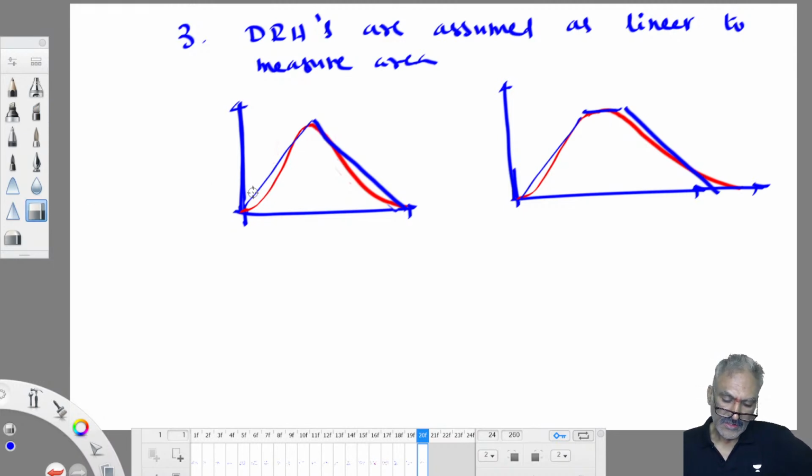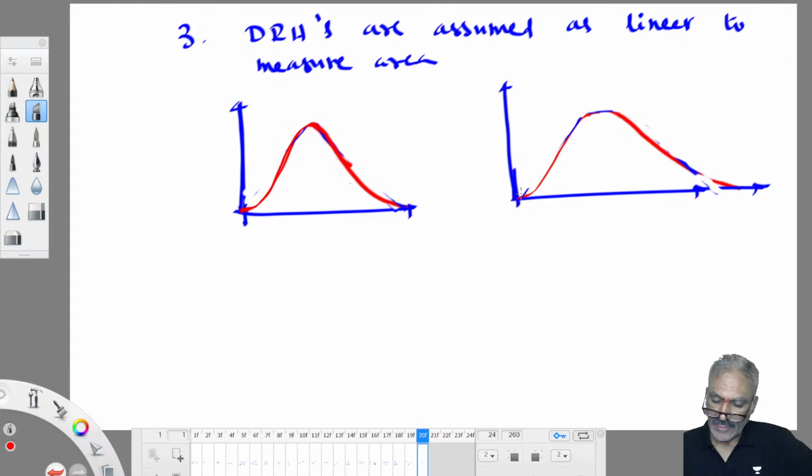Okay? So this is assumed as a triangle, this kind of thing, so that area under the curve you can comfortably measure. This is assumed as trapezoidal. Therefore, area under the curve you can comfortably measure, for our comfort and convenience only. Actually, they are not trapezoidal, they are not triangle, because non-linear shaped curves are difficult to measure areas of.